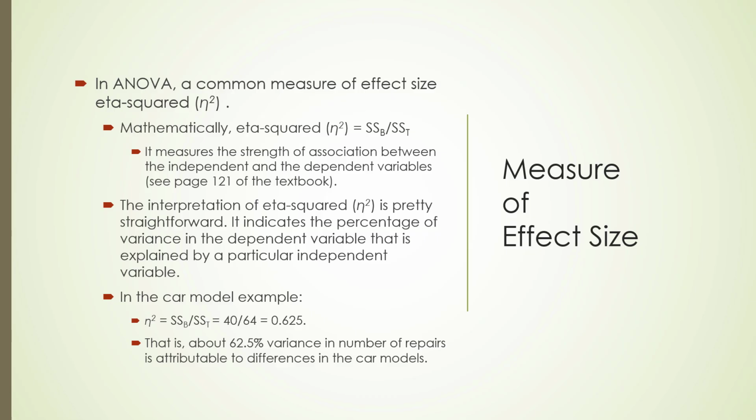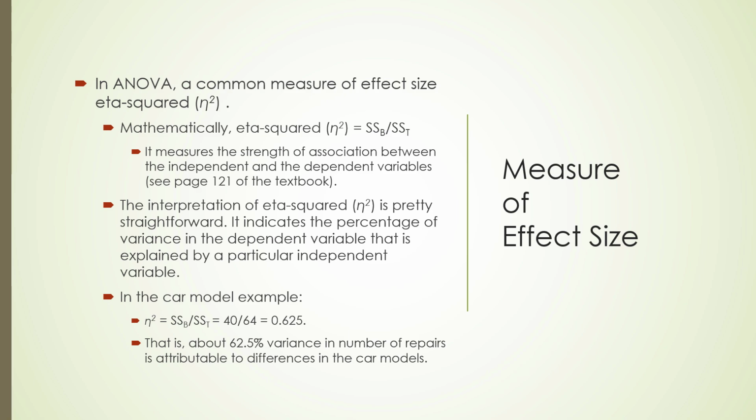Eta squared is calculated as the between-group sum of squares divided by the total sum of squares. As a quantification of the strength of association between the independent and dependent variables, it represents the percentage of variance in the dependent variable explained by the independent variable.